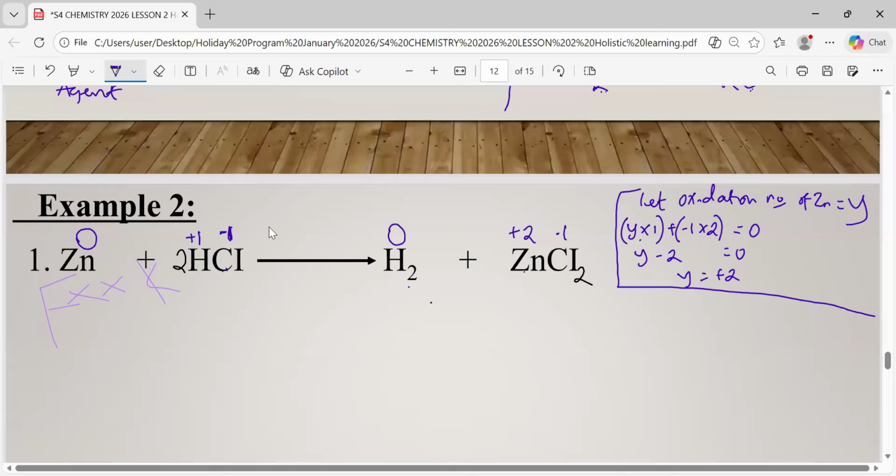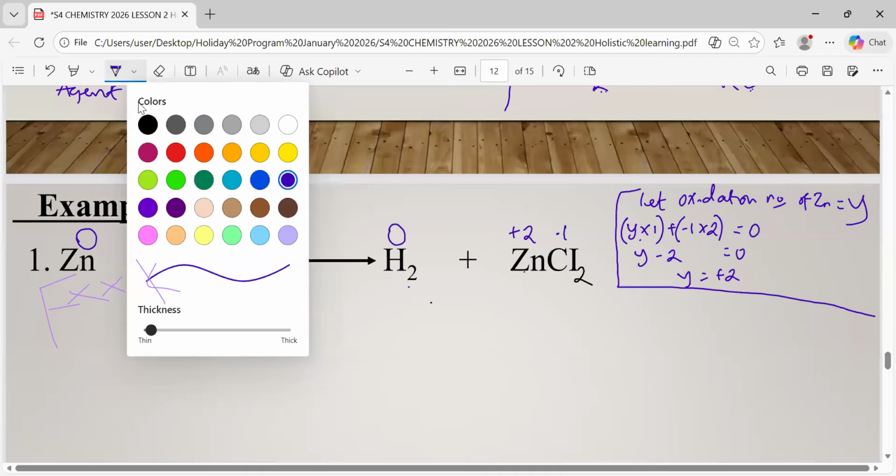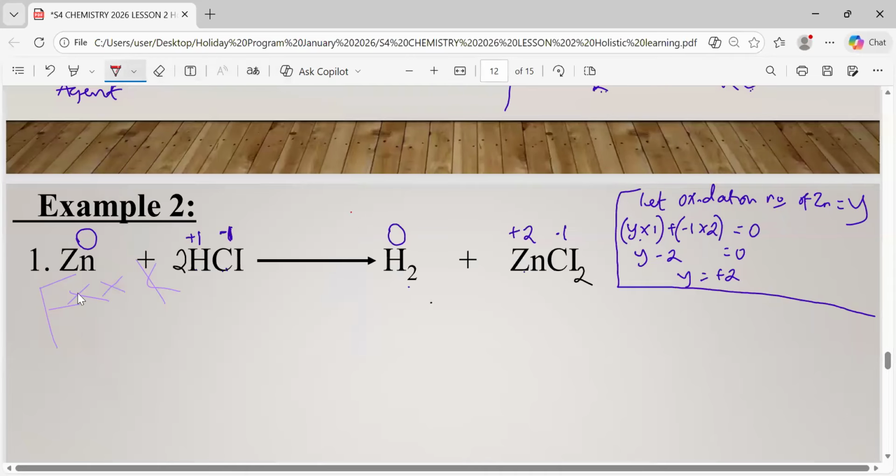Now let's answer. Which species between zinc and hydrochloric acid is undergoing oxidation, and which one is undergoing reduction? Which one is oxidized and which one is reduced?